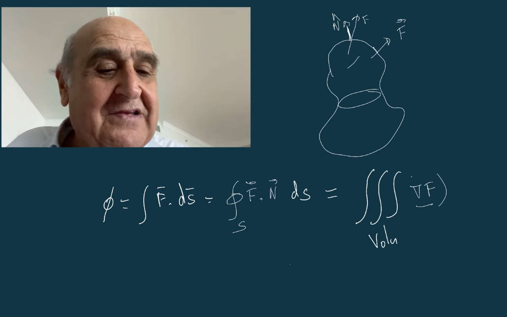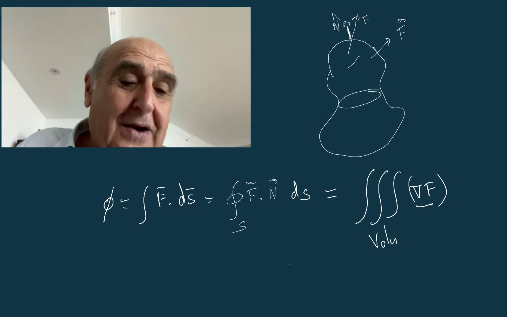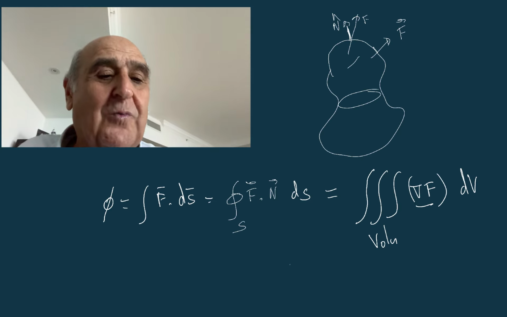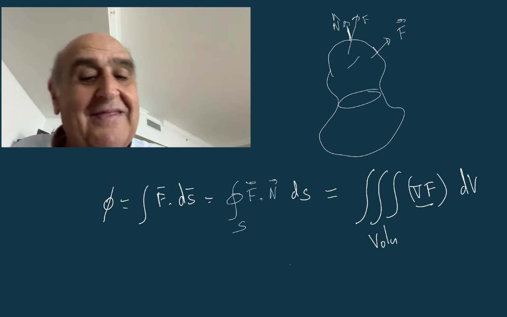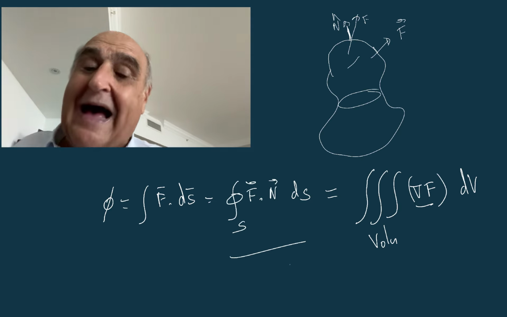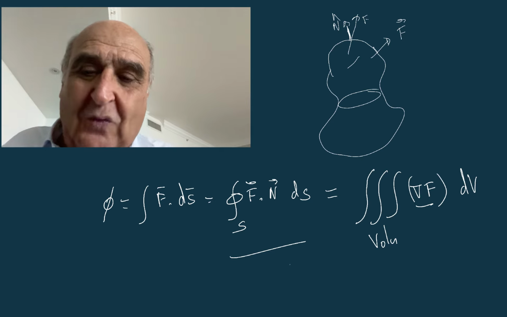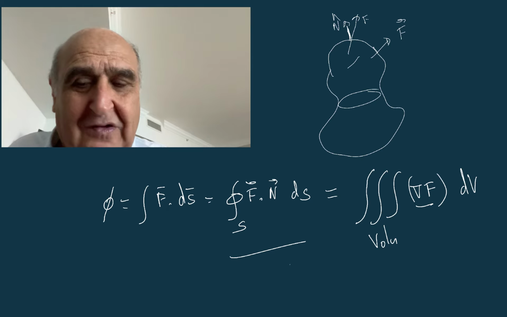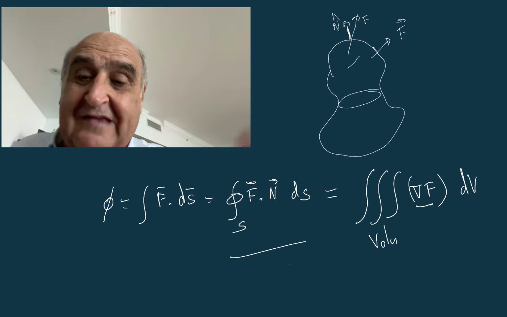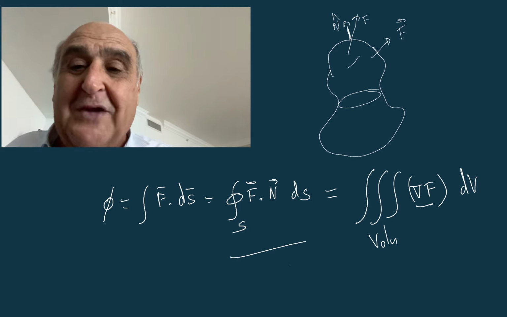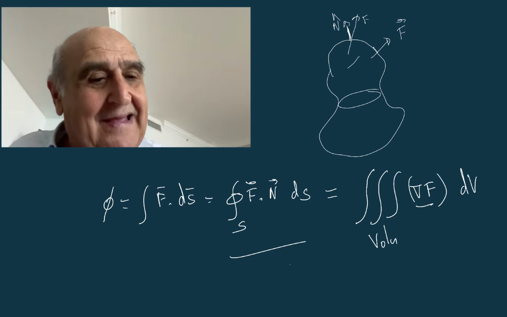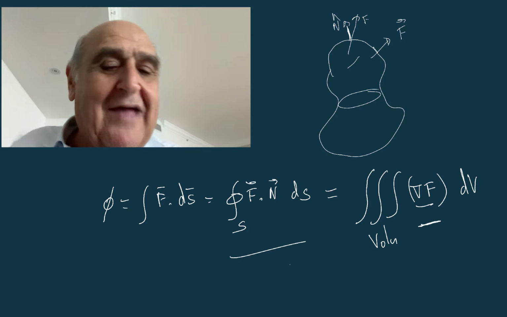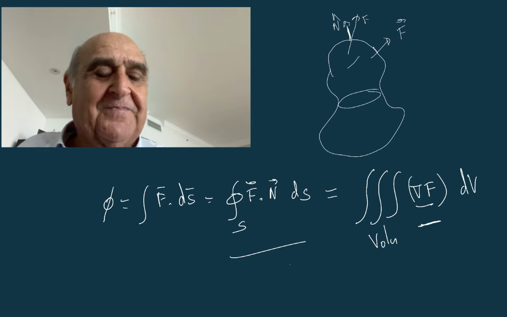And the divergence of the vector field is a scalar function. The divergence is the flux per unit of volume, multiplied by the volume, is the flux going out of the surface. So we relate again information about the boundary, the flux that is going out, with information inside by the corresponding function, that in this case is the divergence of the vector field.